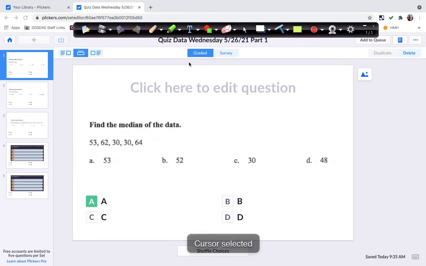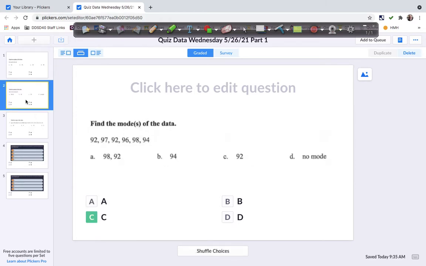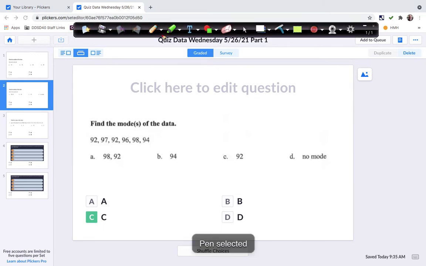Problem number 2 was find the mode. So we don't really need to put them in order to find the mode. We just need to find the one that occurs the most often. So if I had a list over here, I have the 92 and I was counting them up.